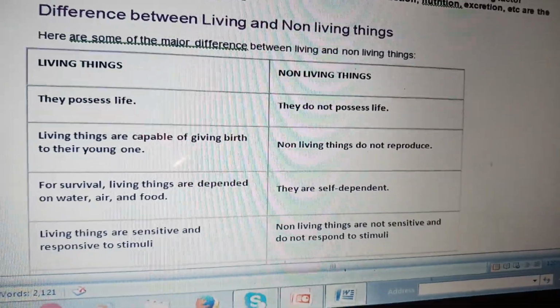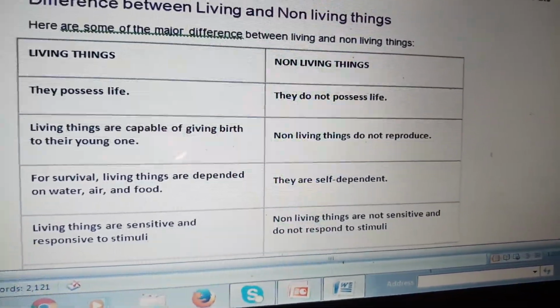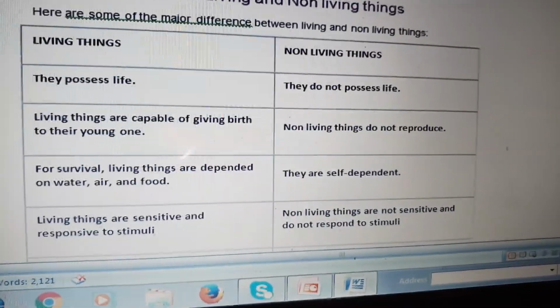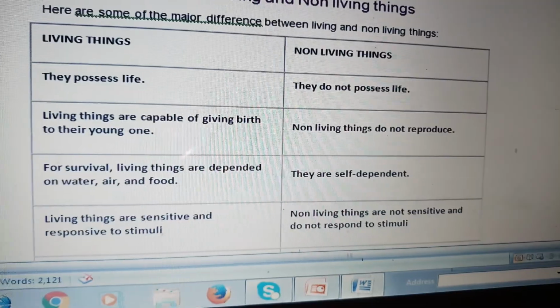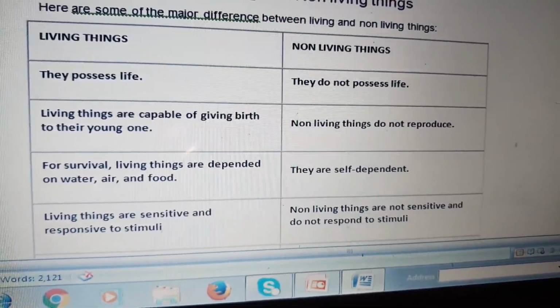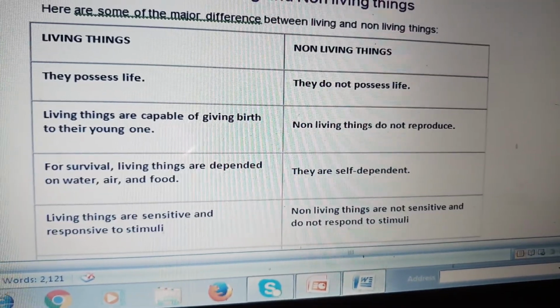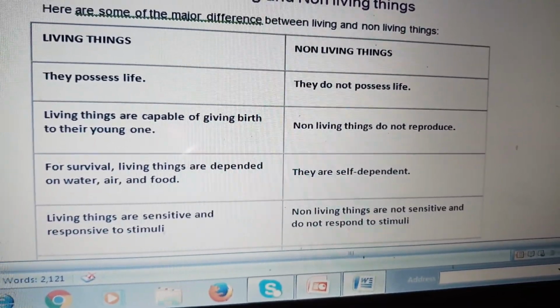Now here you can see the difference between living and non-living. Living things possess life; non-living things do not possess life. Living things are capable of giving birth to young ones, but non-living things fail to give birth to young ones, that is, they do not reproduce.